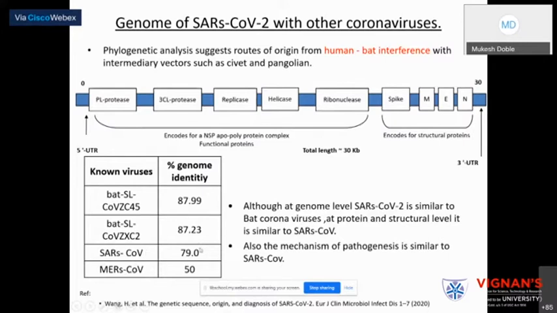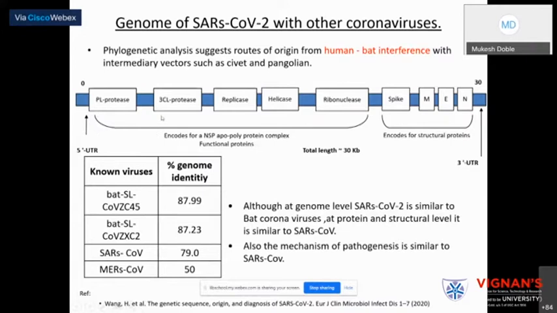But it is taken as closer to SARS-CoV because at the protein level as well as the mechanism level, it performs more like SARS. So the protein targets available from SARS-CoV are being used for discovering drugs for SARS-CoV-2 as of now.